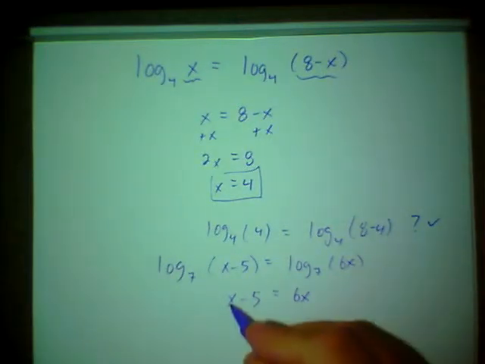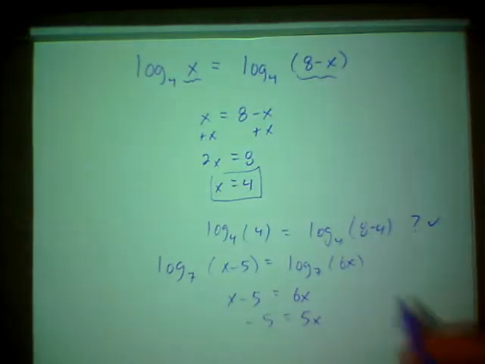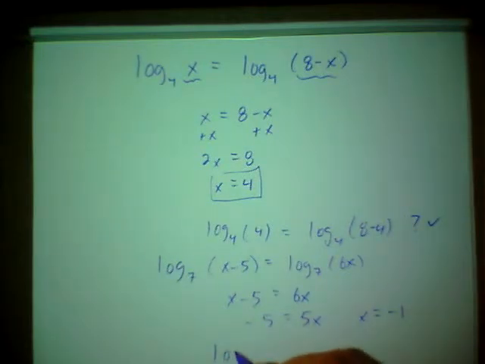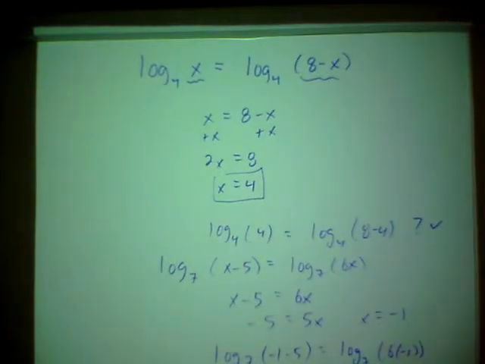So how about if I subtract x from both sides? Looks like x is going to be minus 1. So now when I check my solution, I plug minus 1 back in for x. And I have minus 1 minus 5 equals 6 times minus 1.